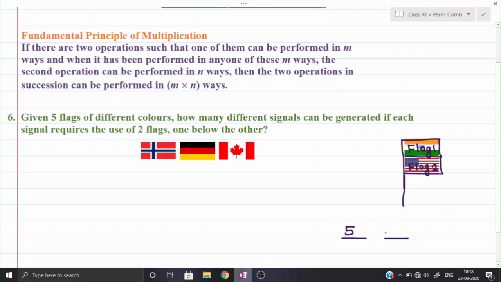But when I am posting the flag of another country, then only 4 remain. So the 2 places I can arrange by 5 ways and 4 ways. For the first place, since all 5 flags are available, I can arrange it in 5 ways. The second place in the signal I am arranging with only 4 flags, because one flag is already used at the first place, right?